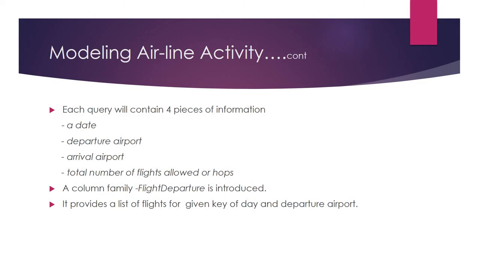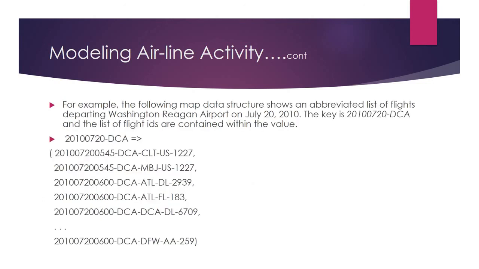For this column family, given a key of a day and departure airport, it provides a listing of all flights available on that day departing that airport. Let's say, for example, we want to know the flights departing from Washington Reagan Airport on a particular date. What is the key?